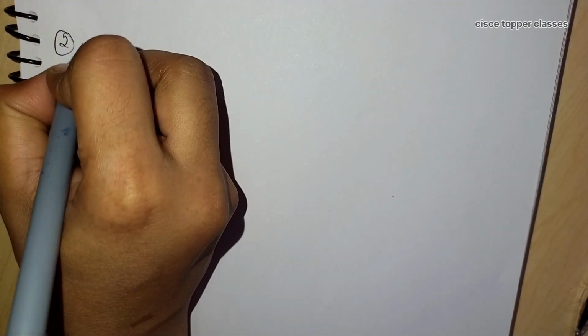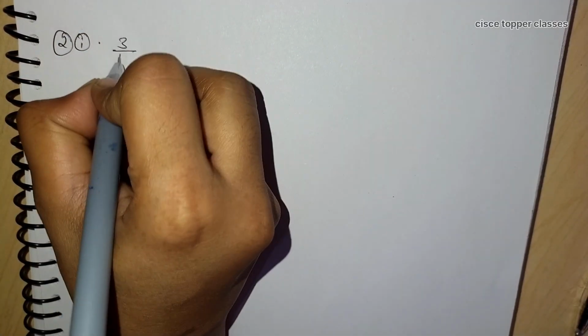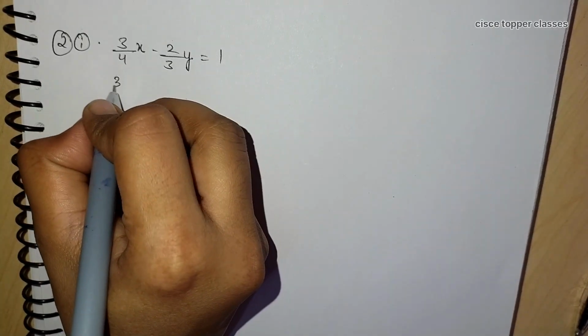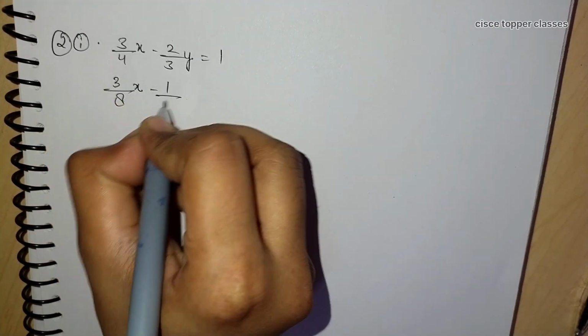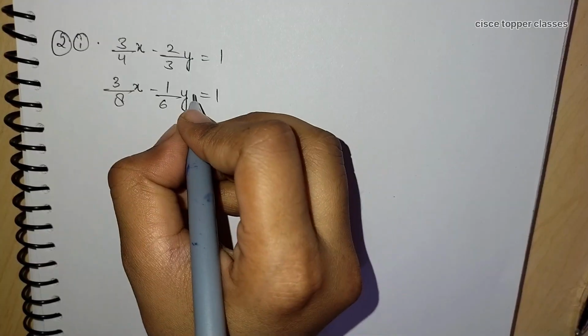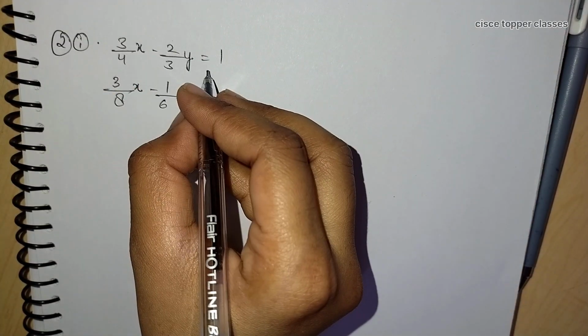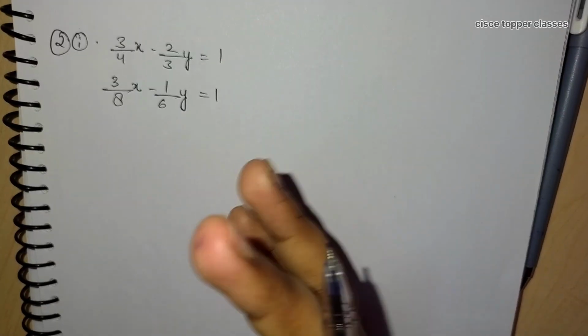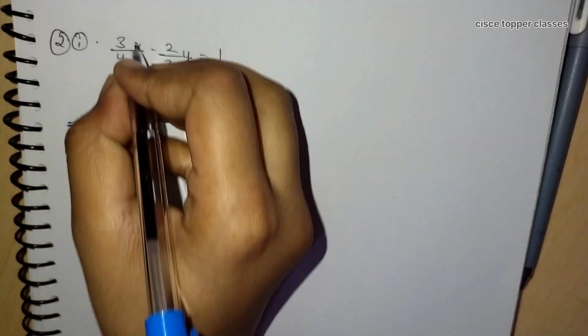Let us solve the second question, first part, which is 3 by 4 x minus 2 by 3 y equal to 1 and 3 by 8 x minus 1 by 6 y equal to 1. Firstly, we can take the LCM in the first and second equations to form them as equations. So let us start.